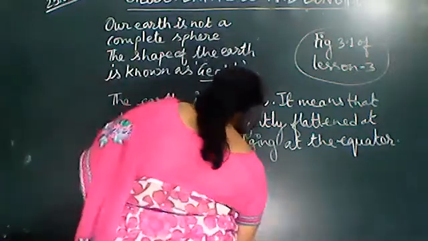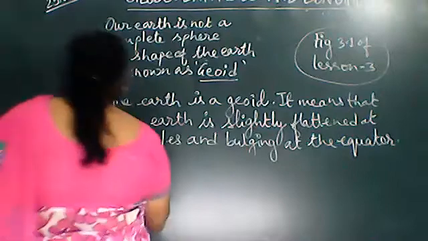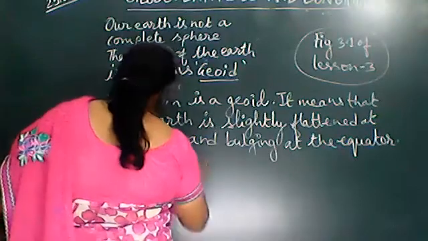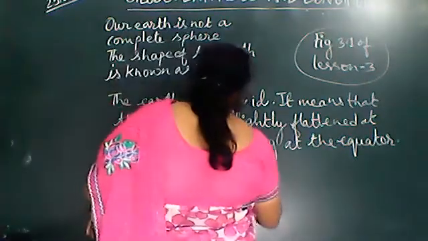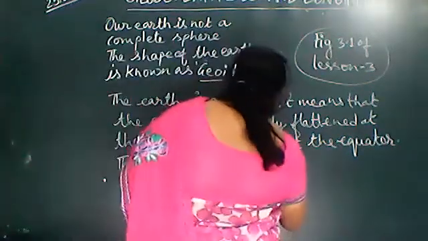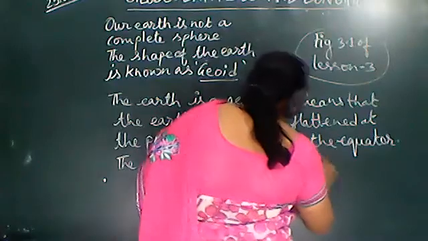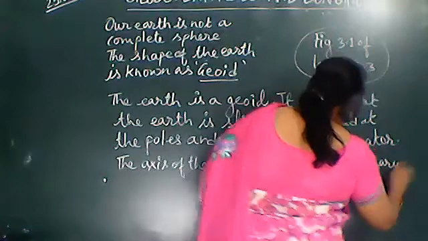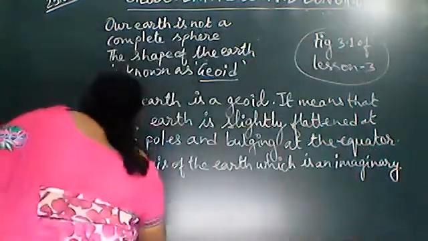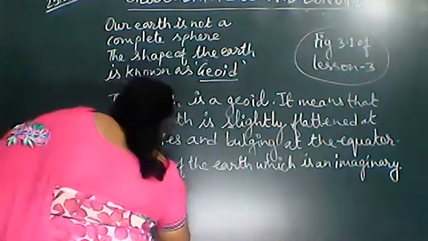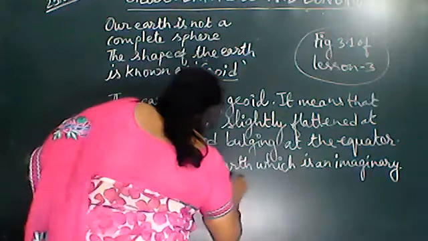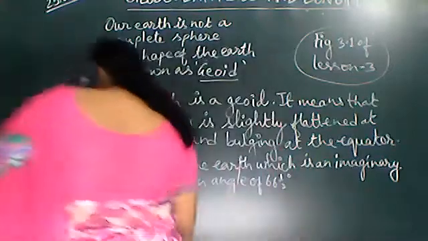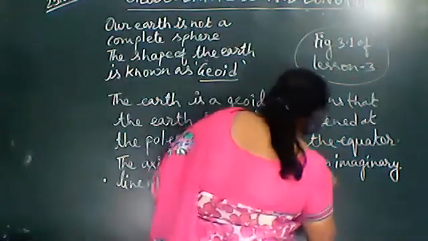Now, as I was telling you about the axis of the earth, the axis of the earth, which is an imaginary line, makes an angle of 66.5 degrees with its orbital plane.